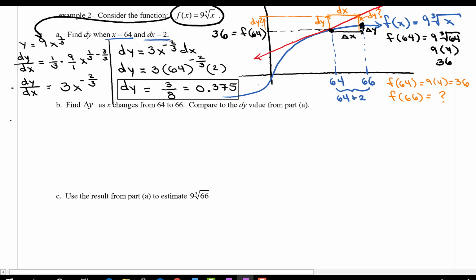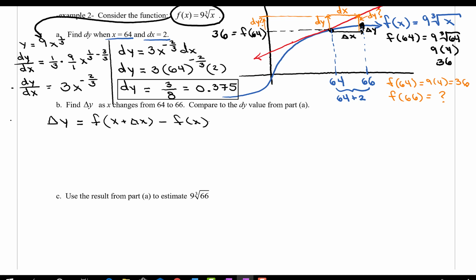Next, part B, find delta y as x changes from 64 to 66. Compare the dy value from part A. Delta y is equal to, remember we said this already, f of x plus delta x minus f of x. The delta x is equal to the dx.